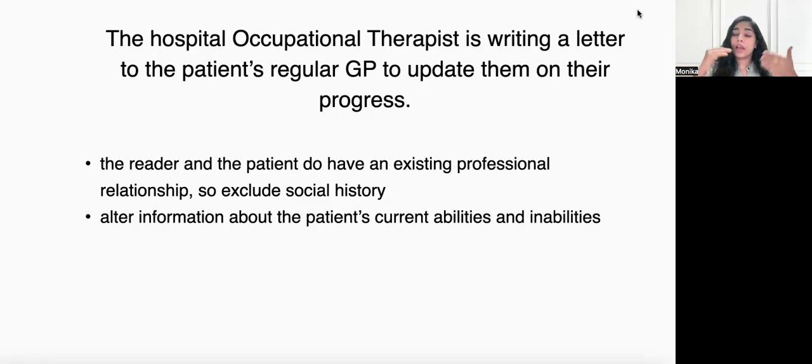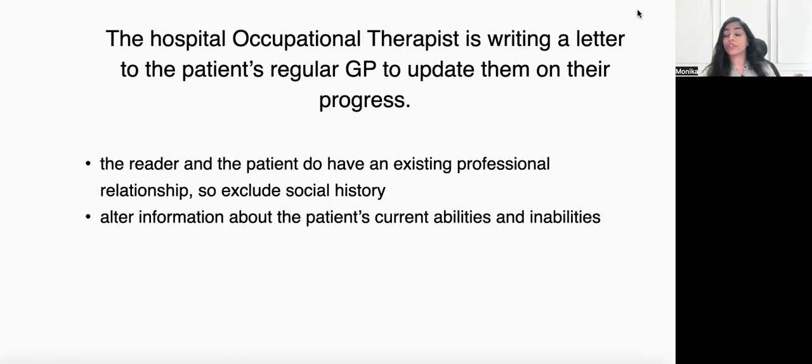Now, what I should write is the information that the GP will require to look after the patient, right? So I will definitely write information about the patient's abilities and inabilities, but I will alter them a little bit. That doesn't mean that I will write information from my own end. No, I cannot write information from my end.